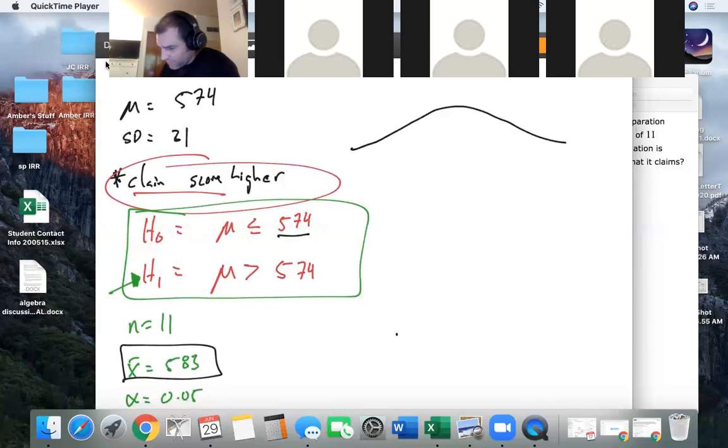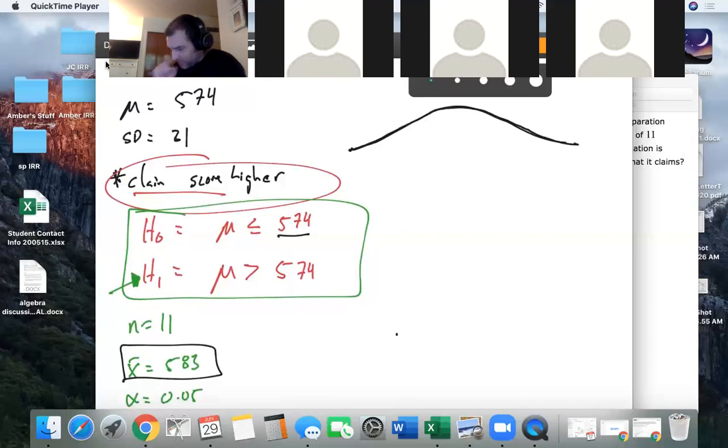Okay, so the sampling distribution of means is always normal. And we're making the assumption that the middle of this thing is this value 574, which puts this thing over here at 583.